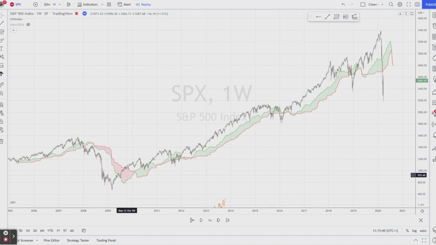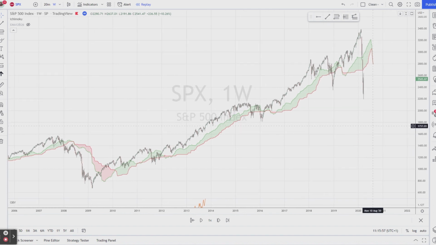So let's build a picture that this is an impulsive move. For the last 10 years, we had an impulsive move, and now all of a sudden we have this corrective move. How far do we expect this corrective move to go down before we get a reversal and a continuation of an uptrend?